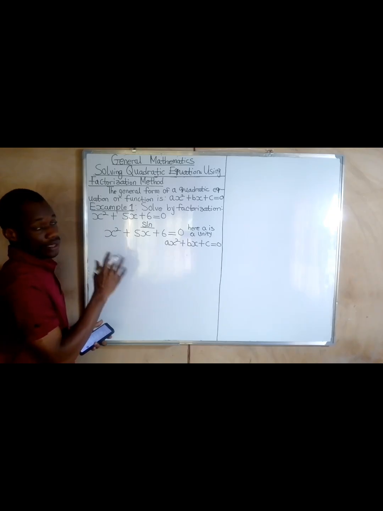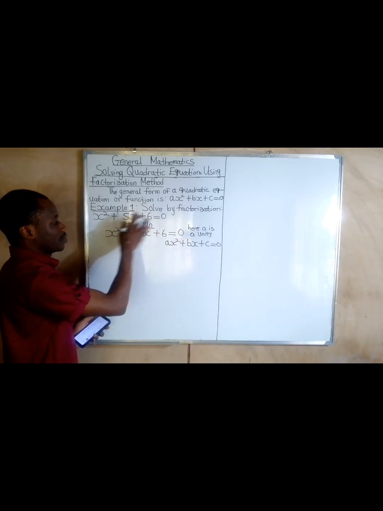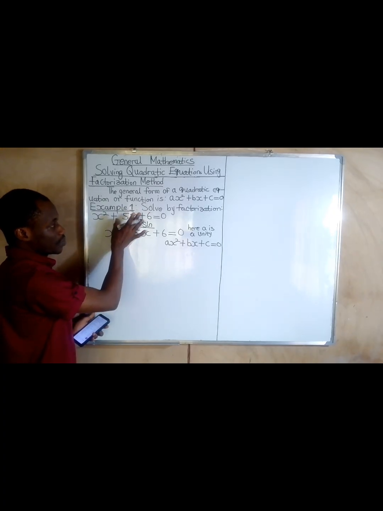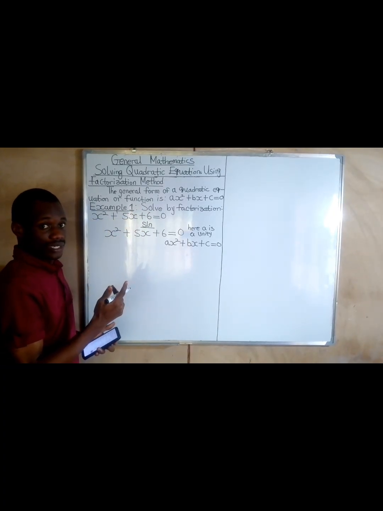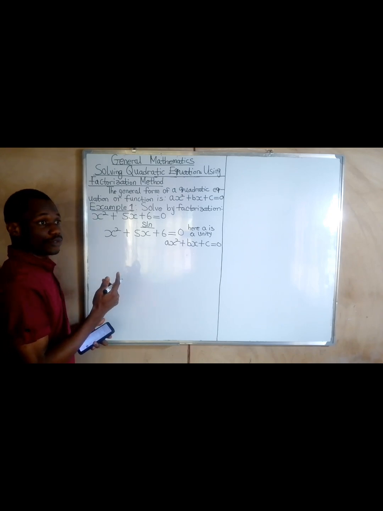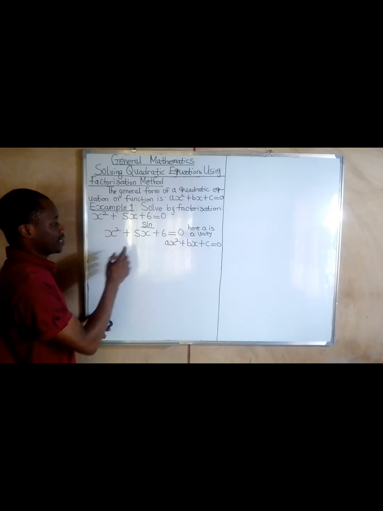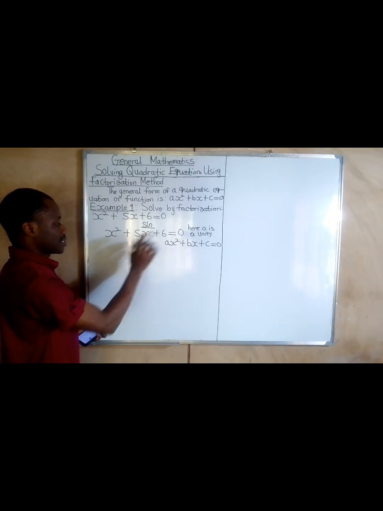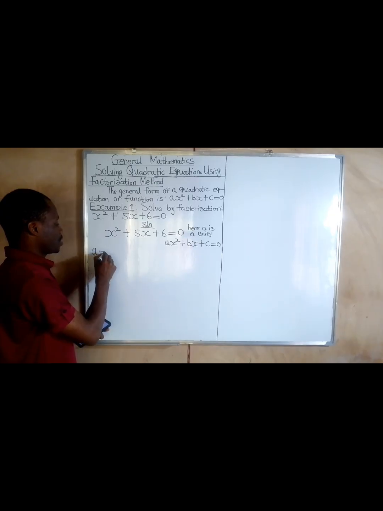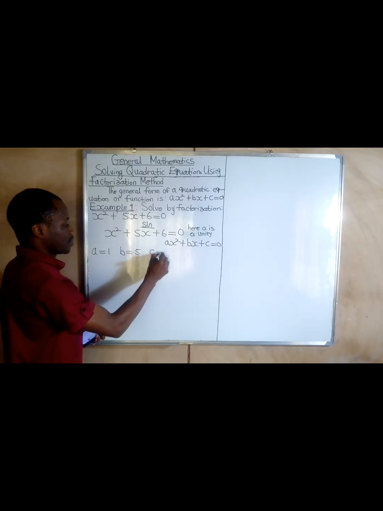Now, what is the way of solving a quadratic equation using the factorization method? First of all, you pick the last term. This is the first term, this is the second term, and this is the last term. So here the coefficient a is an invisible 1, b is 5, and c is 6.